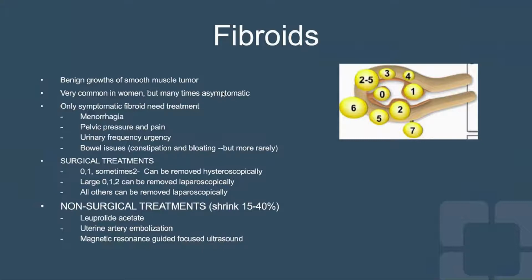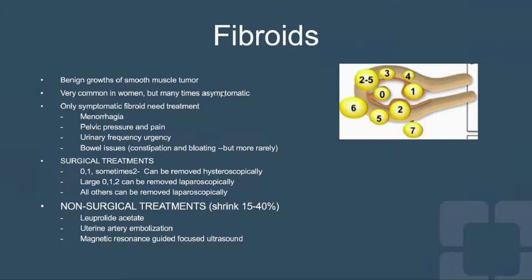But if they're larger, even if they're 0, 1, and 2, they often have to be removed laparoscopically or by a laparotomy. All others can be removed laparoscopically. Again, there can be limitations due to size and location where laparotomy may be necessary.